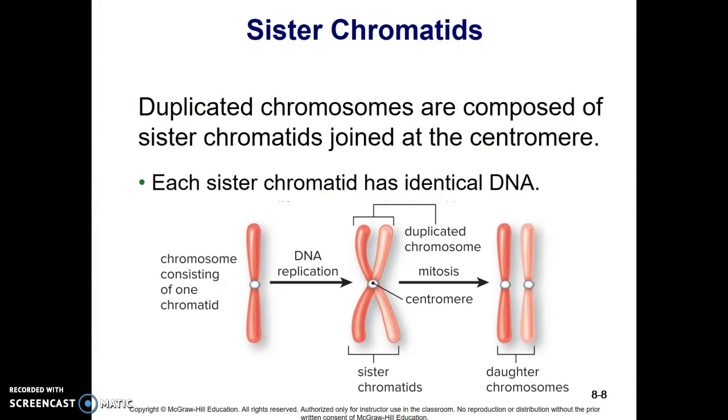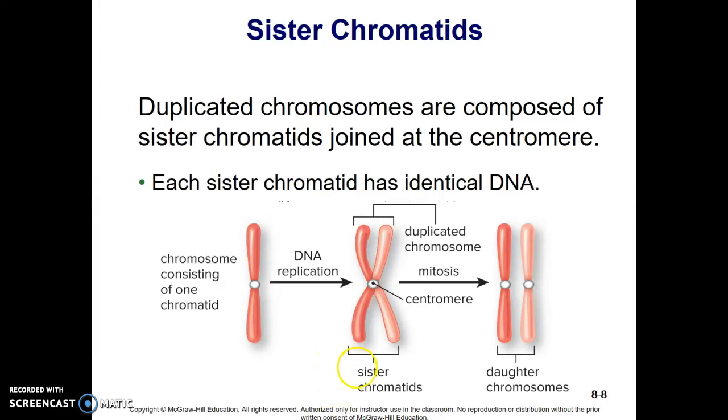Sure, it might have the information for eye color, but some people have eye color information to give them blue eyes versus brown eyes versus green eyes. So I'm not super happy with this picture from the textbook, because really those two individual pieces of chromosomes are exactly the same, like you put them on a copy machine.